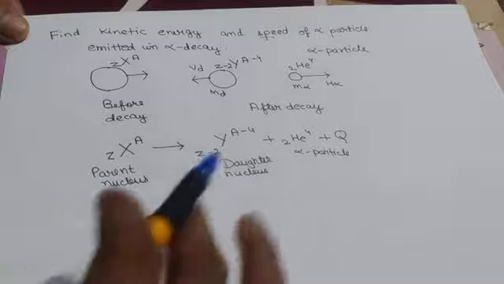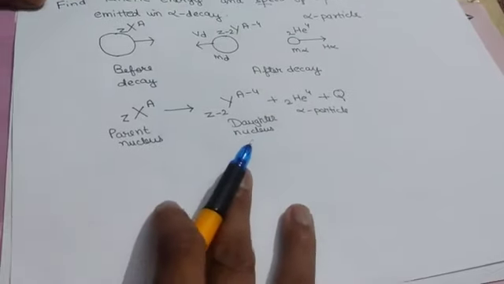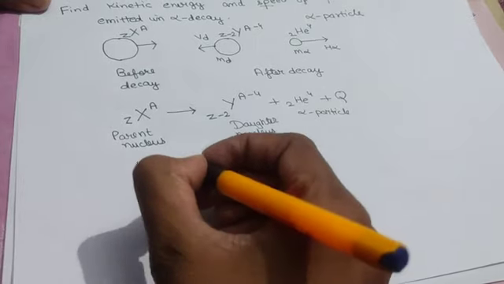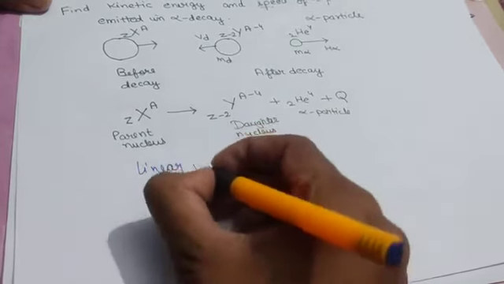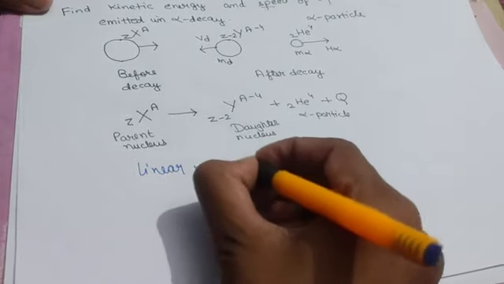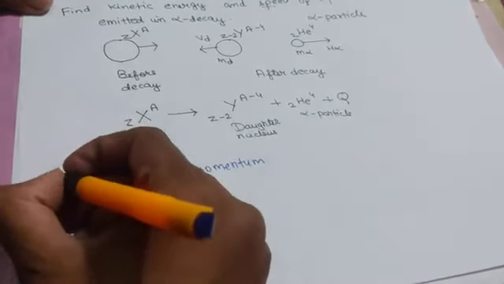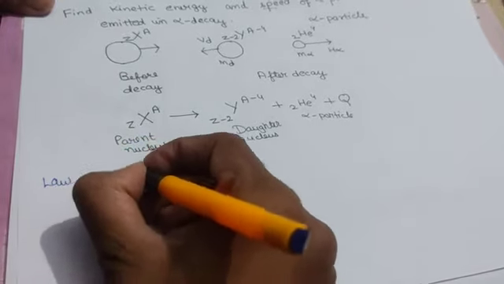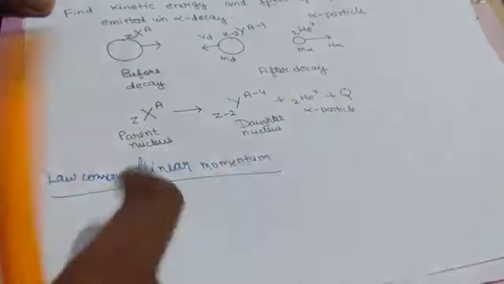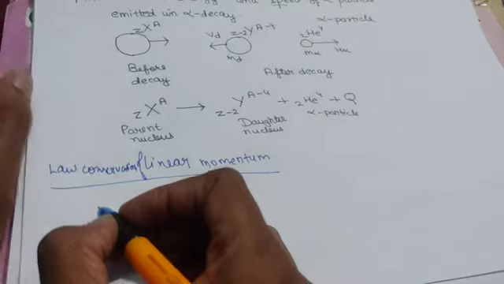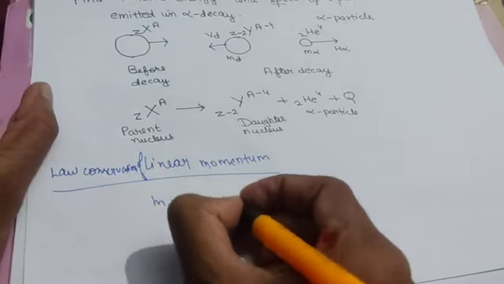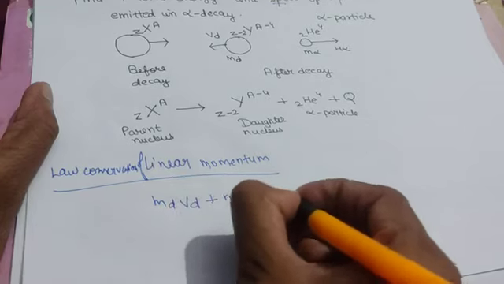Okay, so we'll apply the law of conservation of linear momentum. md vd plus m alpha v alpha is equal to 0.